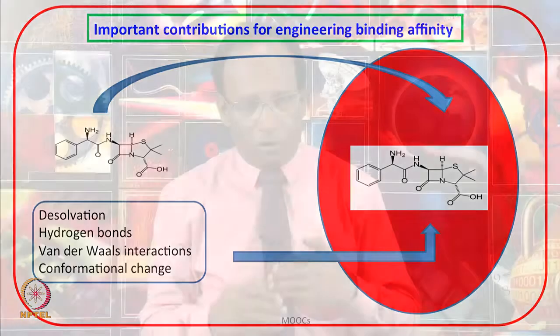So, therefore, when we engineer binding affinity in a drug molecule, or we synthesize a new molecule with a good binding affinity, we need to take care of several things. One is the desolvation: how much energy it will cost to desolvate, and how much energy it will give back when it forms hydrogen bonds and van der Waals interactions.